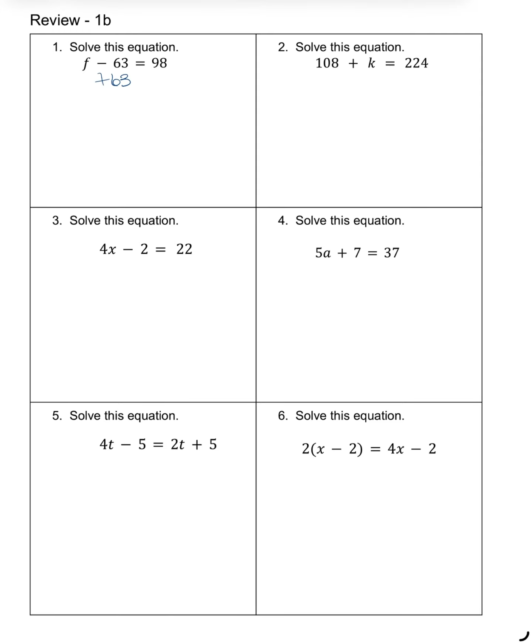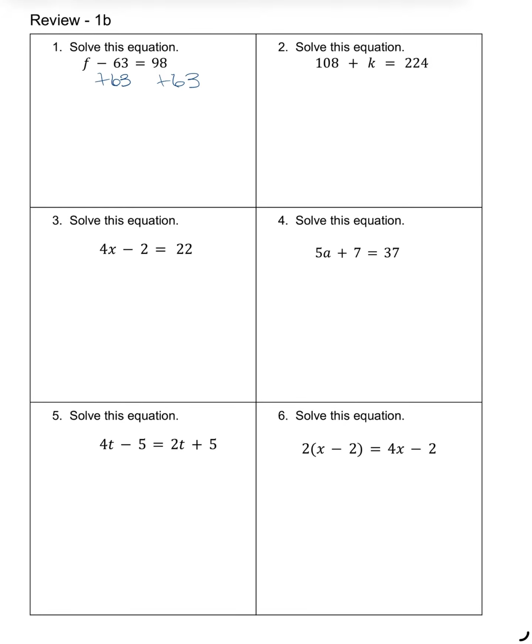But remember our terminology, we cancel out and we balance. And to balance, all that means is we do that same extra math on the other side of the equal sign. So we have a 98 and we can add 63 to that 98.